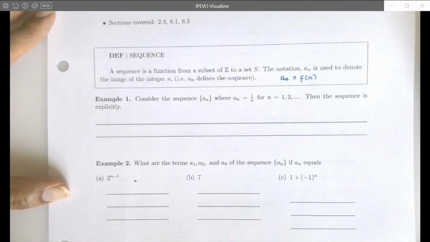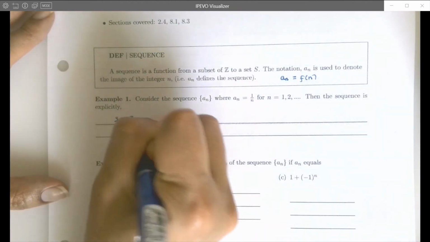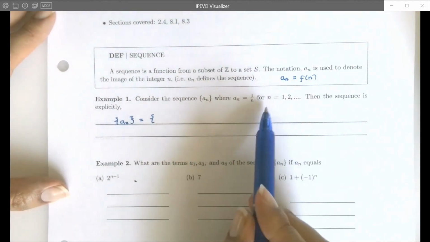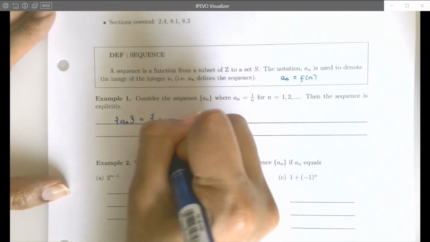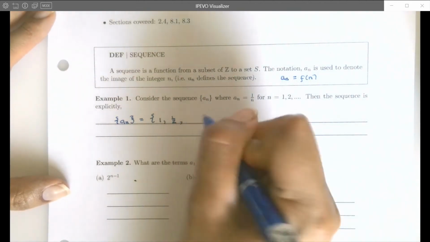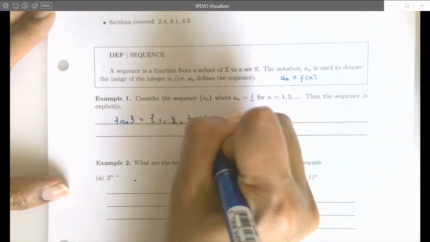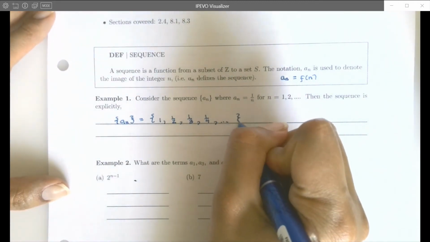So explicitly, what that means is that we're going to have the set of elements. When n is 1, we'll have 1 over 1, which is 1. When n is 2, we'll have 1 over 2, so that's 1/2, followed by 1/3, 1/4, and this is just going to continue on forever.